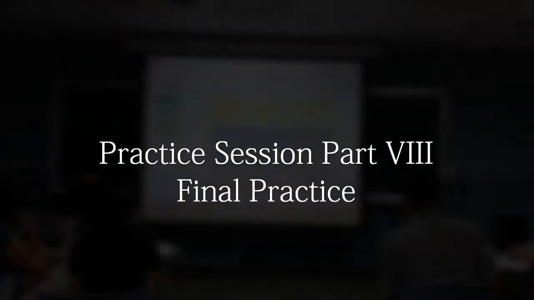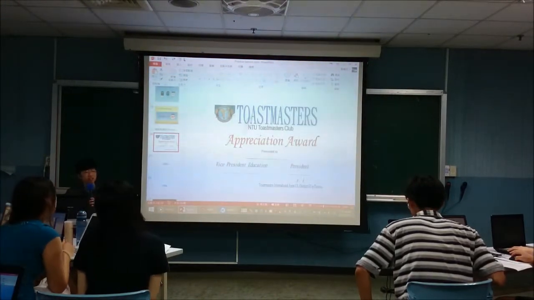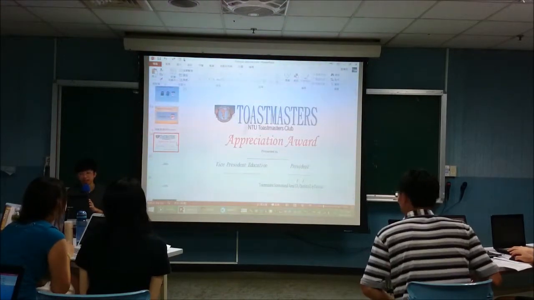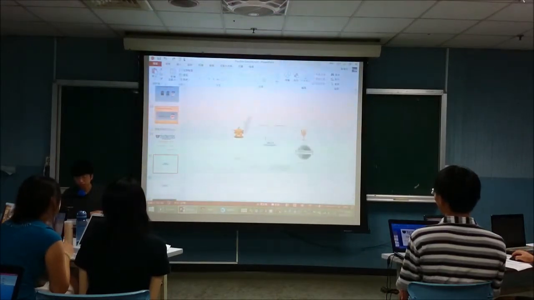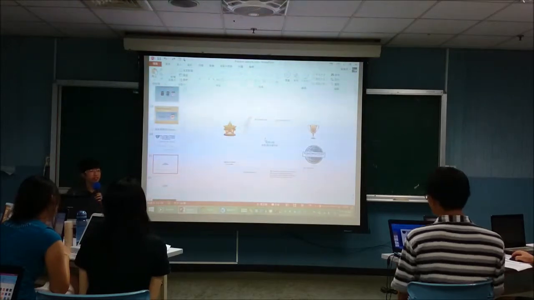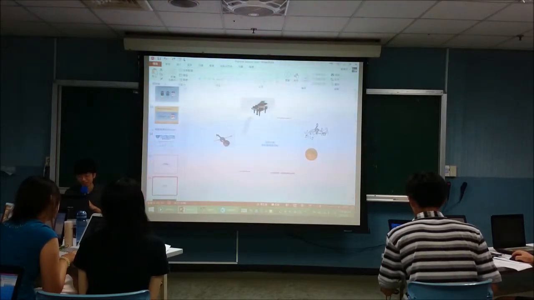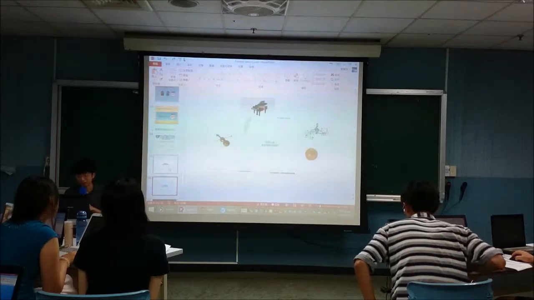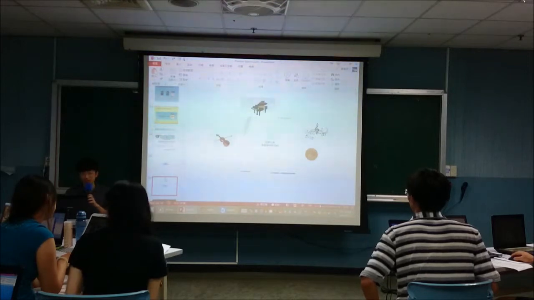Now here is the almost final session. We're going to practice designing an award, for example, based on these materials, or you can find it on the internet too. If you think these materials aren't good enough, you can try designing an award, and you can put your name on, and you can put your photos on too.